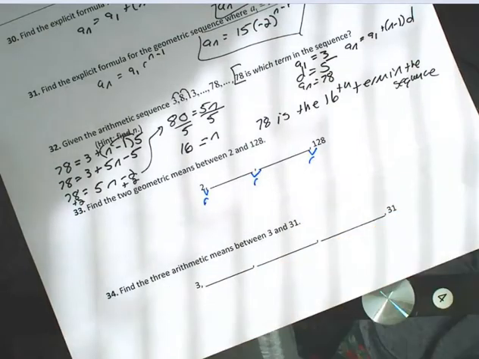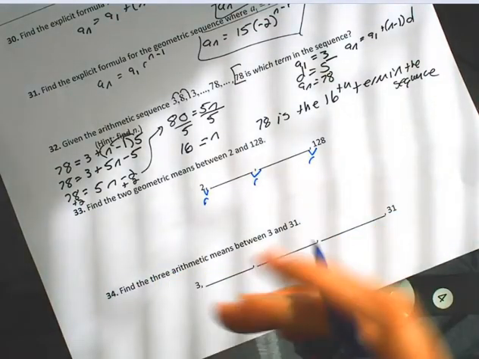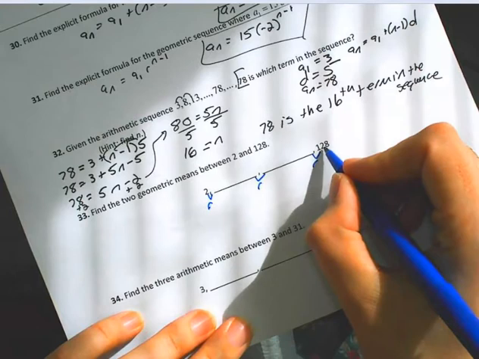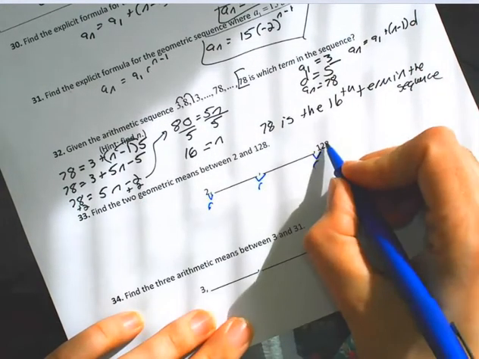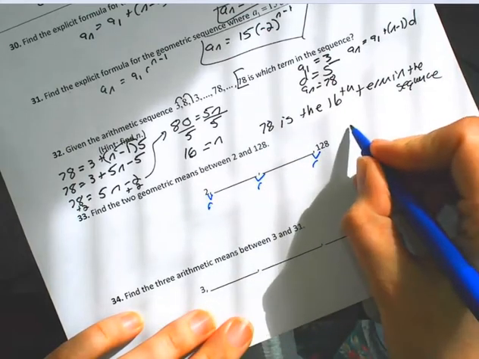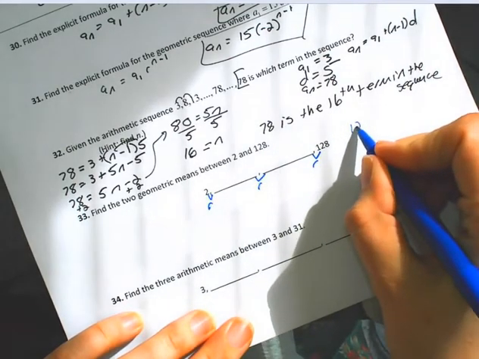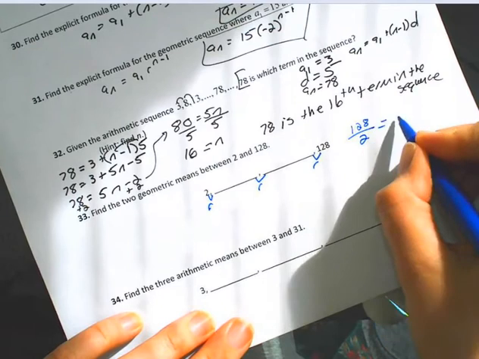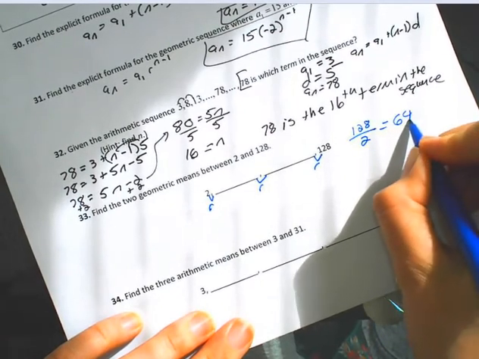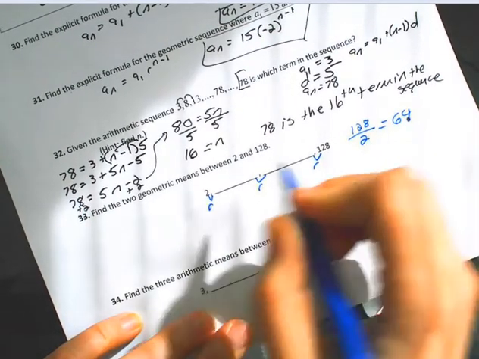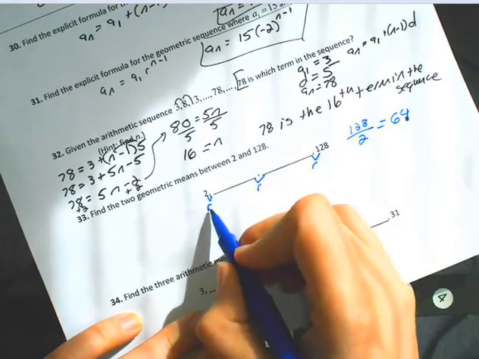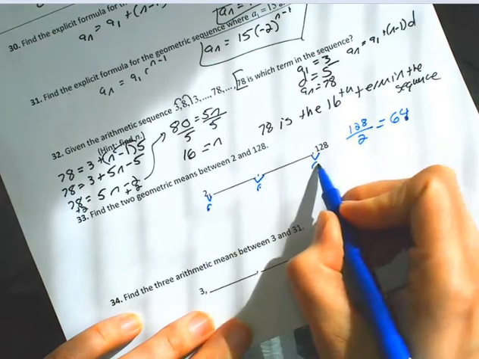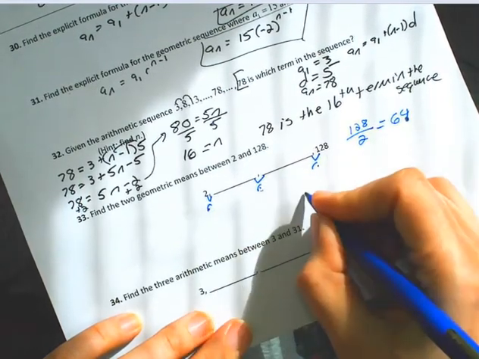Because we're looking at geometric mean, I need to know how they get from 2 to 128. So 128 divided by 2 gives me 64. Because I know that I have 2 terms in between there, I'm multiplying that ratio 3 times.